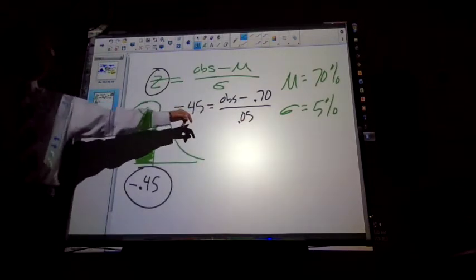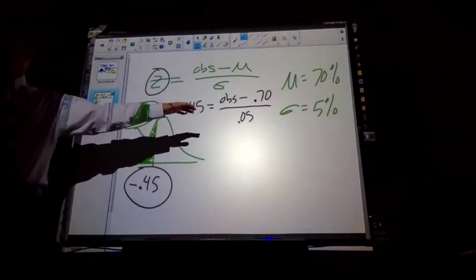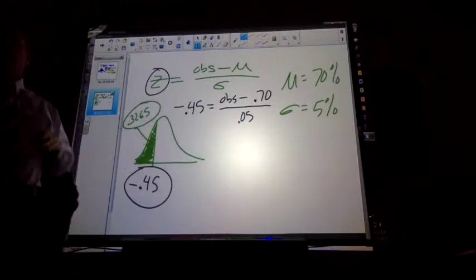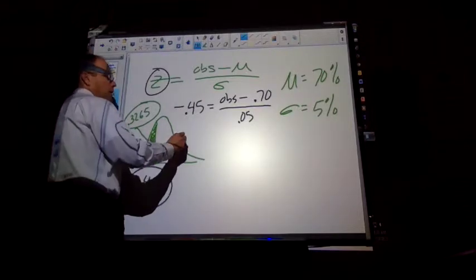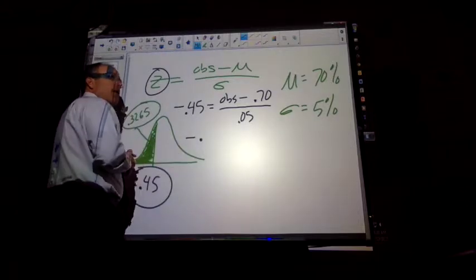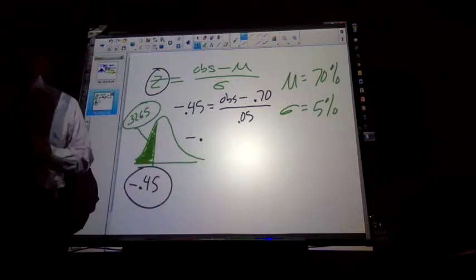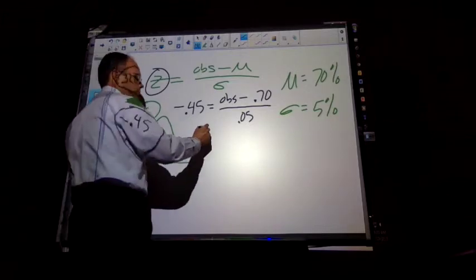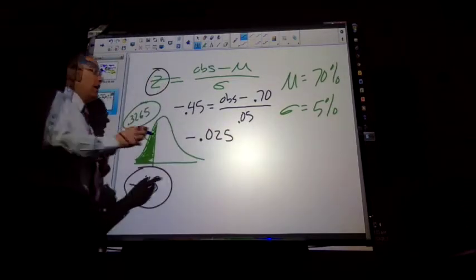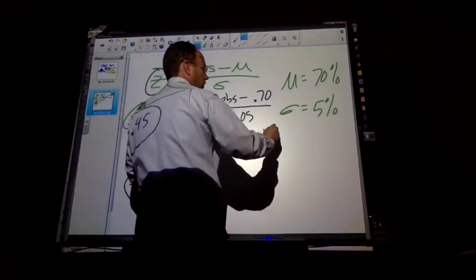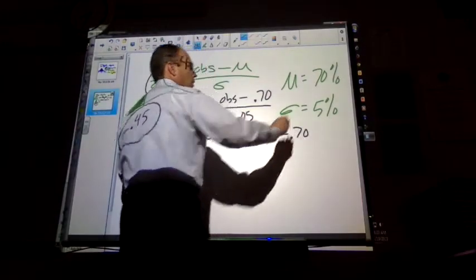Multiply, so what's negative 0.45 times 0.05? How much? 0.025? Is that right? It equals the observed minus the 0.70, the mean.